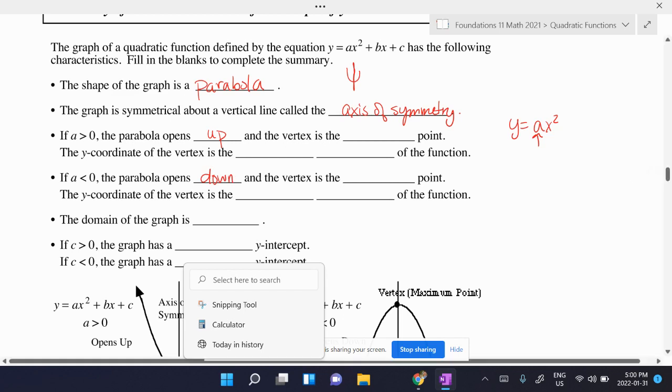Now, if the parabola opens up, the vertex is a maximum or minimum? Minimum. And if it opens down, then the vertex is a maximum.